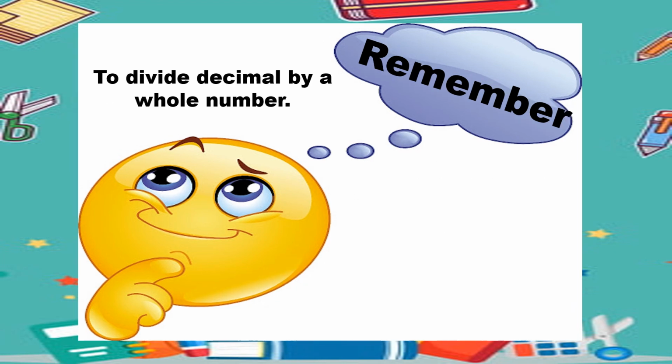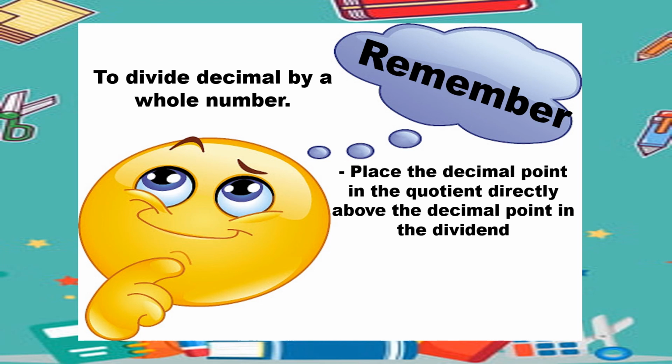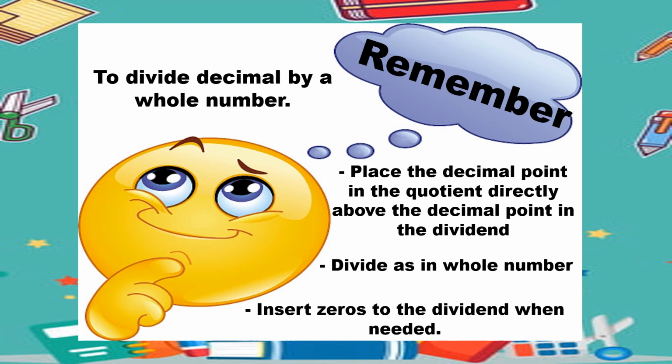To divide decimal by a whole number, place the decimal point in the quotient directly above the decimal point in the dividend. Then, divide as in whole number. Insert zeros to the dividend when needed.